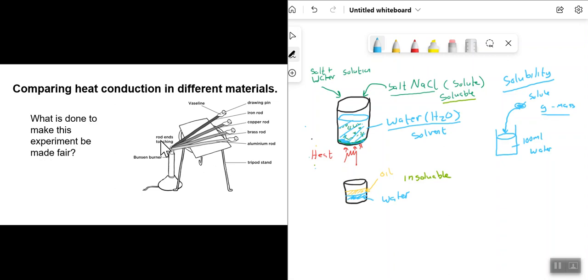Then you heat up one end of the material, and time how long it takes for the Vaseline to melt and for the thumbtack to drop off. That shows that different materials have different abilities to conduct heat through them.